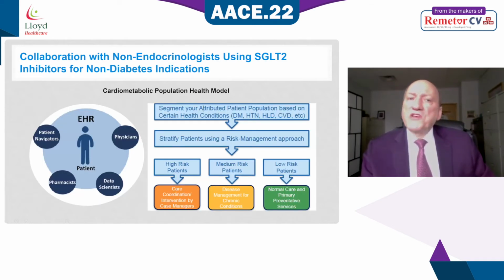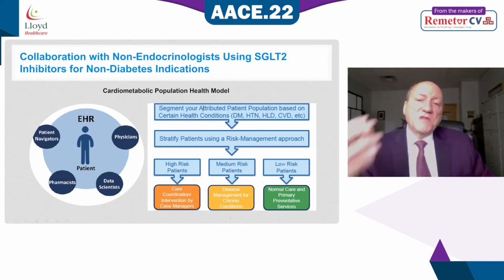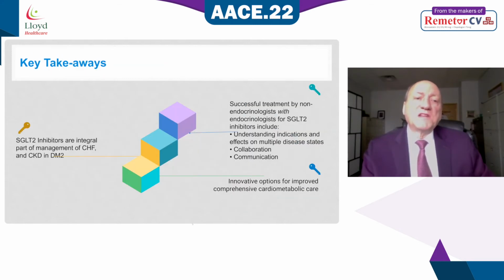So what about collaboration with non-endocrinologists using SGLT2 inhibitors for non-diabetes indications? Well, the SGLT2 inhibitors work for congestive heart failure and even renal insufficiency in people who do not have diabetes. So we have a team, you see this on the left, and the idea with this slide is to show us that we can work together as a team with general doctors, working with endocrinologists, and working with other team members to help use SGLT2 inhibitors, even in patients who do not have diabetes yet.